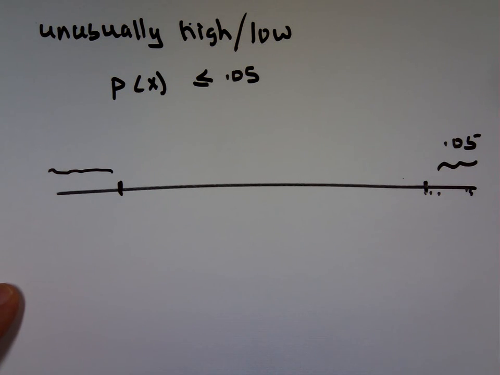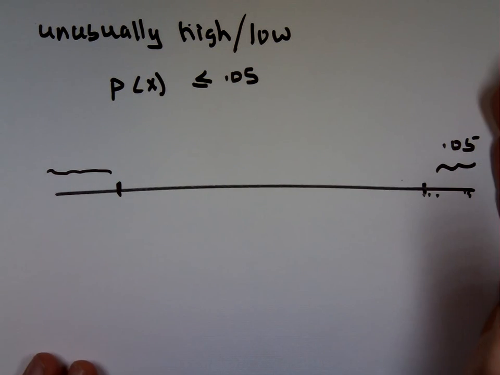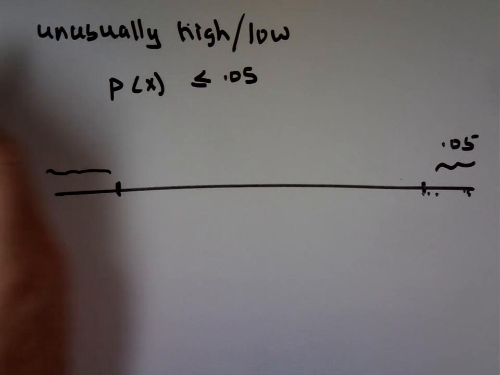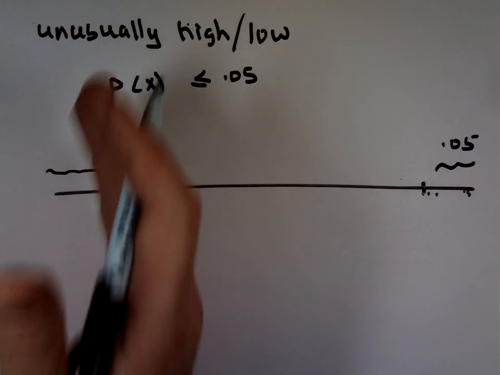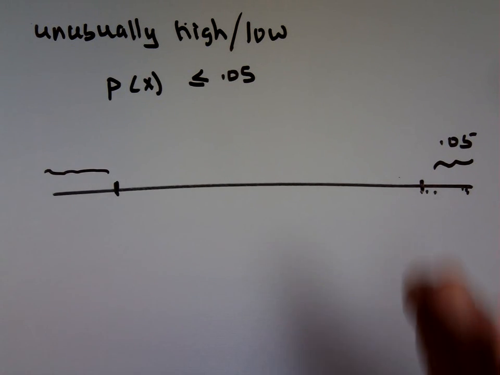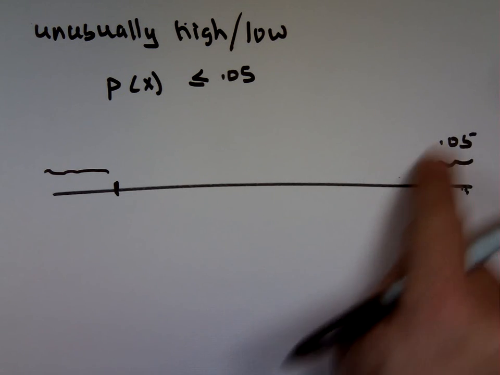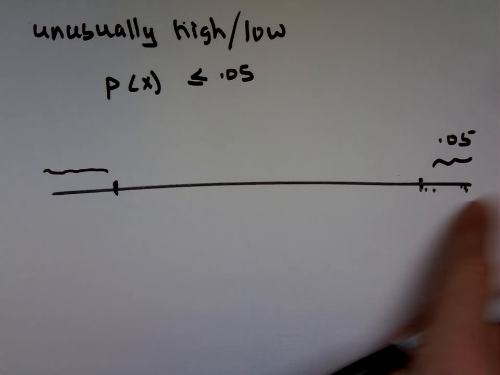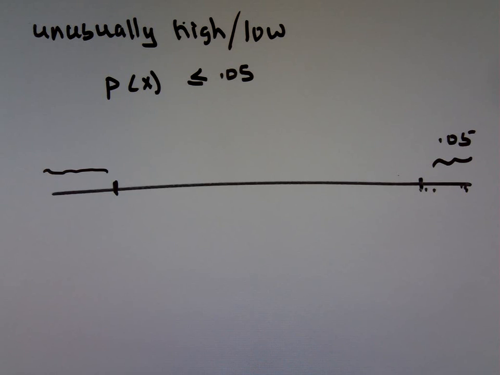Everyone failed it. So if you're on this end, that's unusually high. If you're on that end, that's unusually low. If the percent here is below 5% on this end, that's unusually low. If the people above you are within the top 5%, that's unusually high. So you'll hear unusually high and unusually low.